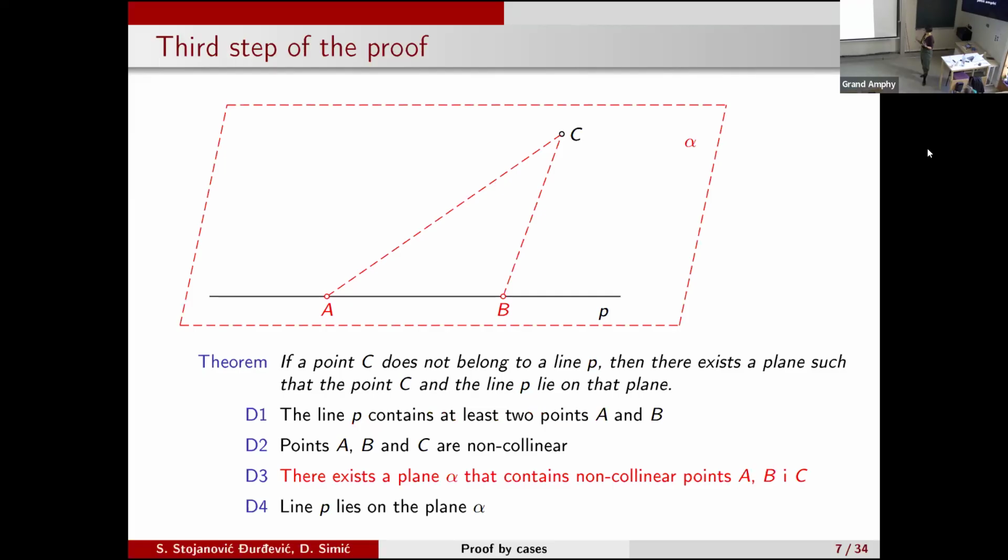Afterwards, now that we have three non-collinear points, there is one of the basic axioms saying that there exists a plane that contains all those points. And now, as we have a plane that contains two different points of line P, we can conclude that the line P is also on that plane, and that is basically the end of our proof.